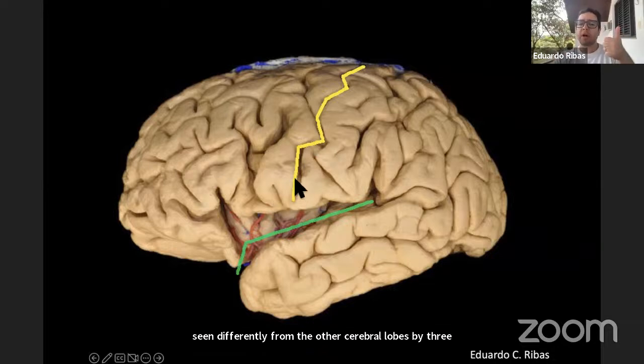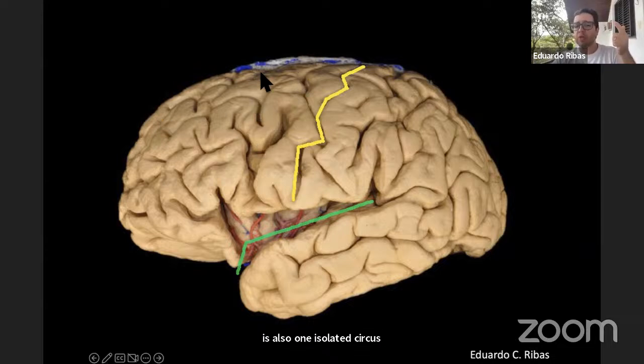First, it is an oblique sulcus. It's almost vertical. We call it oblique because it's a little bit folding backwards. It's also one isolated sulcus, meaning that it usually does not receive important sulci anteriorly or posteriorly. It's really isolated inside this part of the brain here.